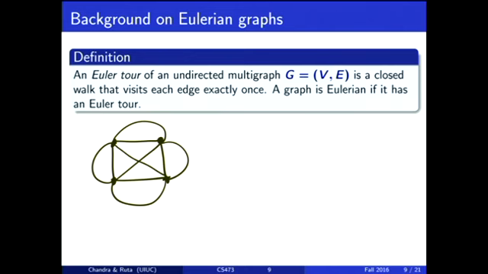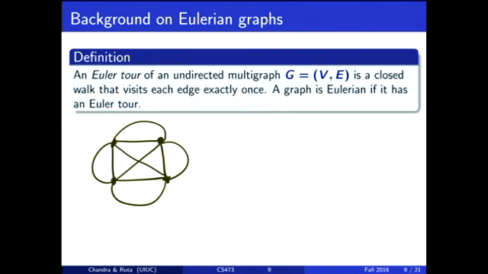If the degree of any vertex is odd, I have to enter the vertex once on an edge and leave that vertex on an edge. I can't use an edge more than once, I have to use each exactly once. But if the degree is odd, how can I do it? Because each time I visit a vertex, I use up exactly 2 edges. So I can't have an Euler tour if any vertex has odd degree.